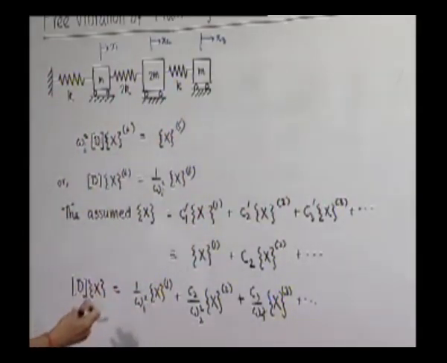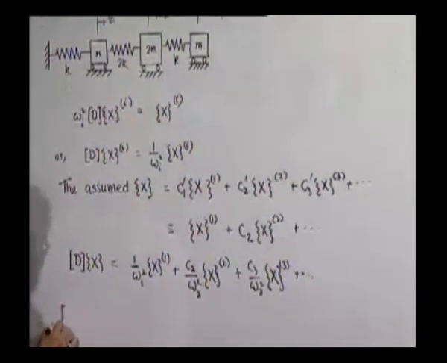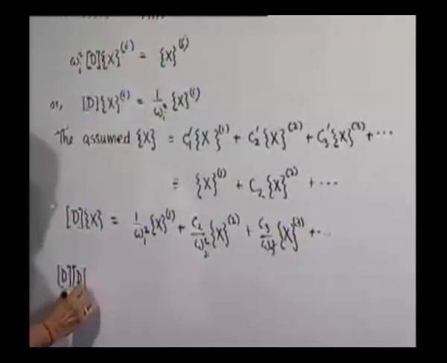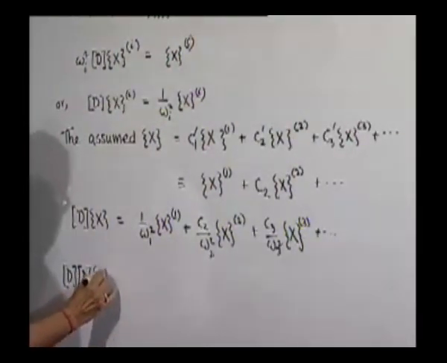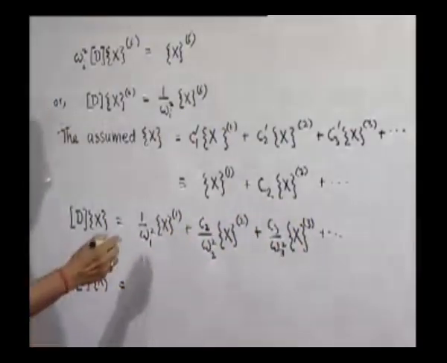If I again pre-multiply this by D, effectively now again I am pre-multiplying this by D, what will happen?